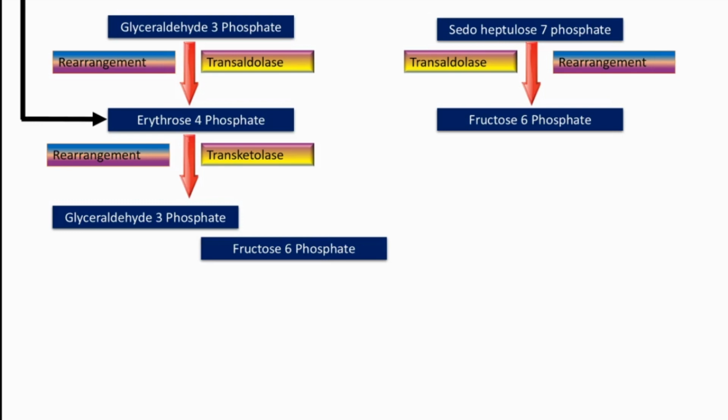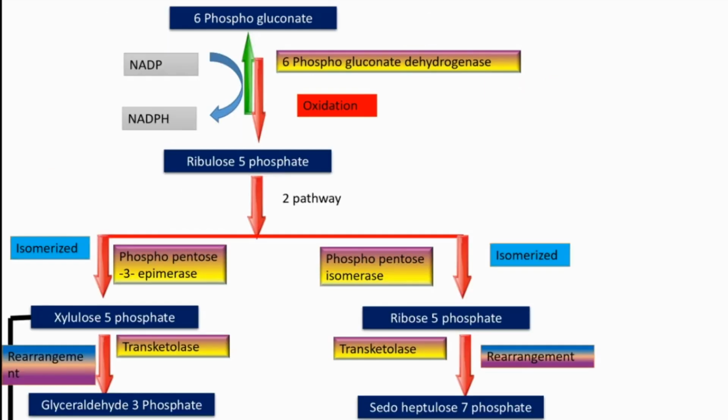That rearrangement can happen only when this erythrose 4-phosphate combines with one more xylulose 5-phosphate.